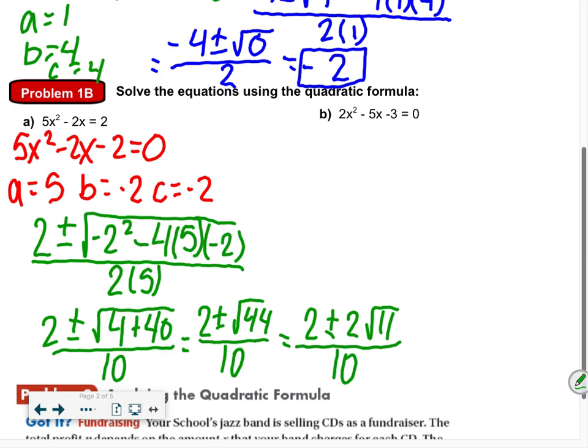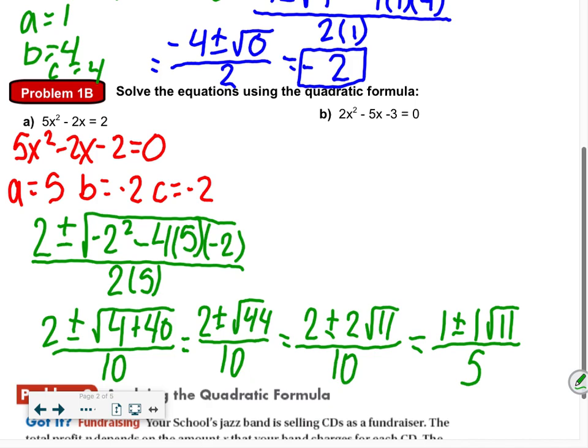Last step, always look to see if you can simplify your fractions. Does a number go into both 2 and 10? 2. So I get 1 plus or minus 1 square root of 11 over 5.